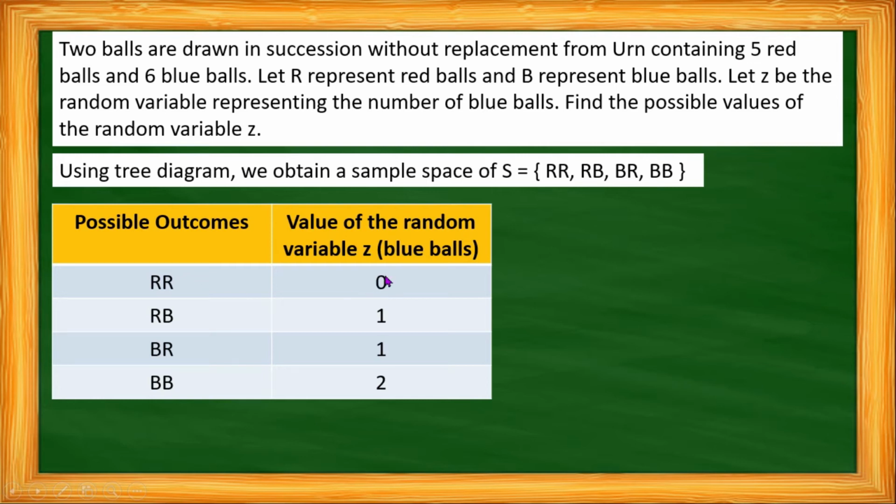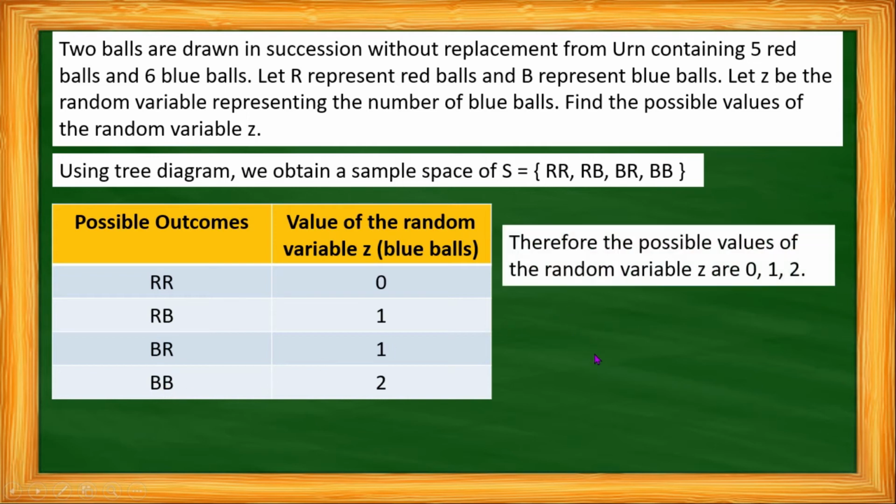The first result is 0, because there are no blue balls. The second is 1, because we have 1 blue ball. The third result, 1 blue. And the fourth result, 2 because 2 blue balls. Therefore, the possible values of the random variable Z are 0, 1, and 2.